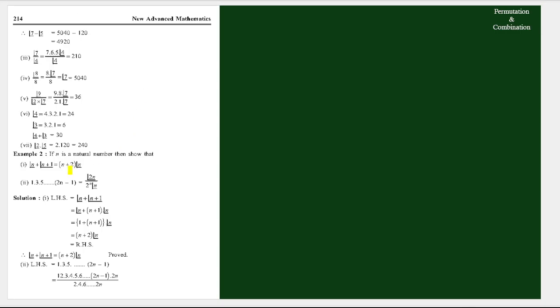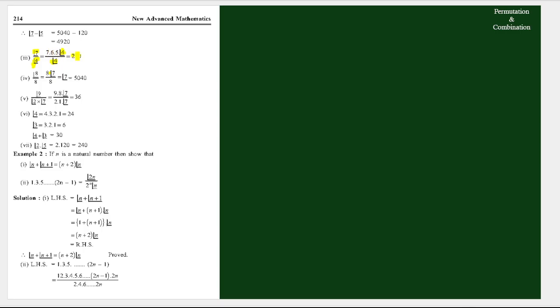Okay, so you can do this one: factorial 7 divided by factorial 4. You reduce up to factorial 4 so that they can cancel out. Factorial 4 and factorial 4 cancel, then you get 7 into 6 into 5. 6 into 5 is 30. 30 into 7 is 210.